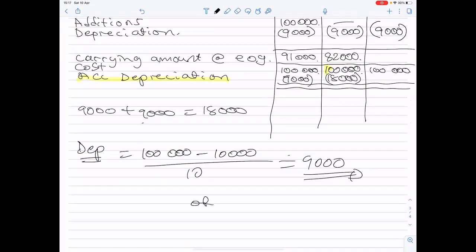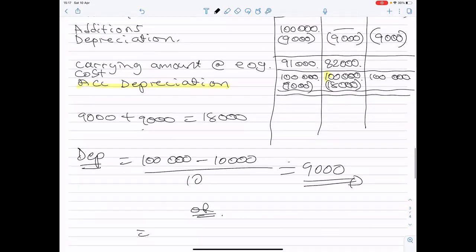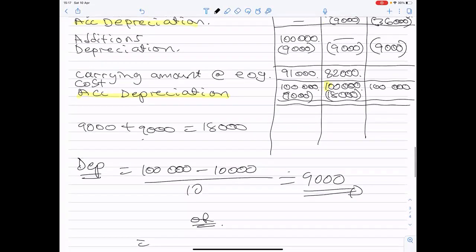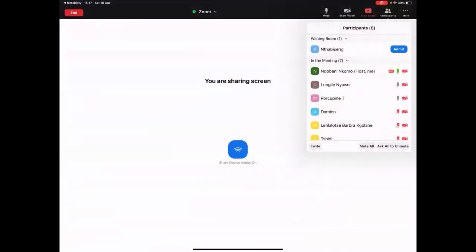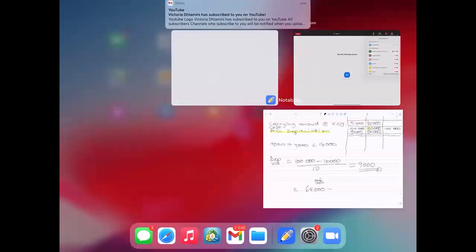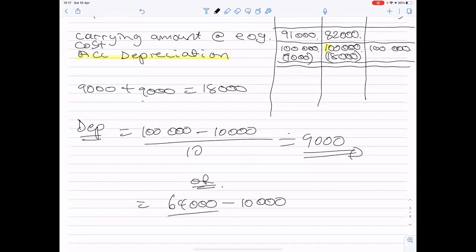Alternatively, we can use that method whereby we calculate our depreciation based on the carrying amount. So our carrying amount at the beginning of the year is 64,000. We subtract the residual value of 10,000. We divide by the remaining useful life also at the beginning of the year.